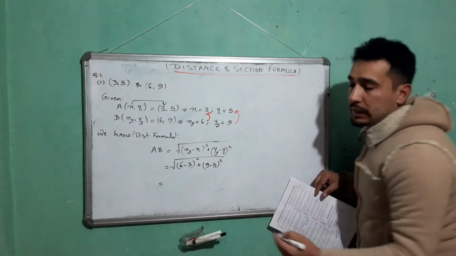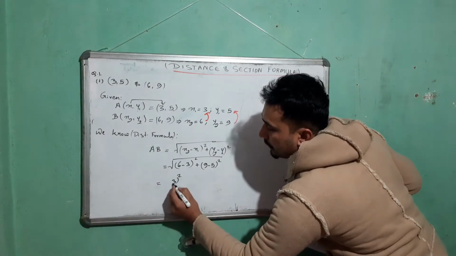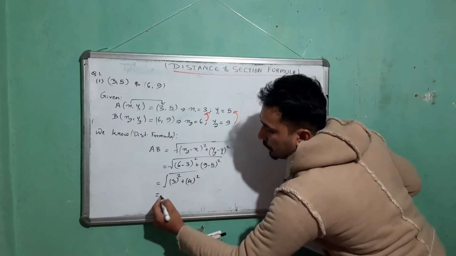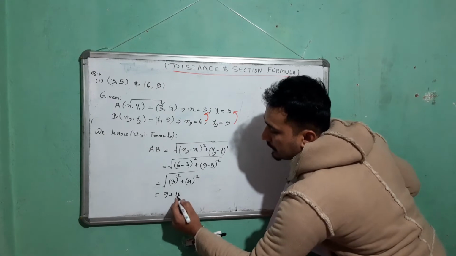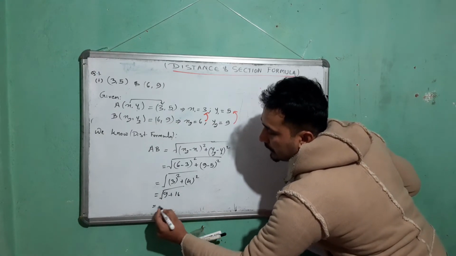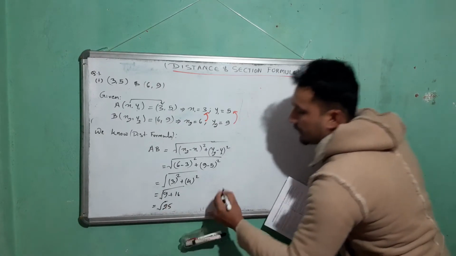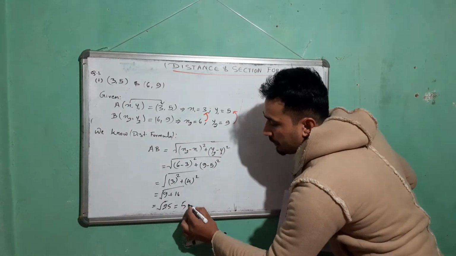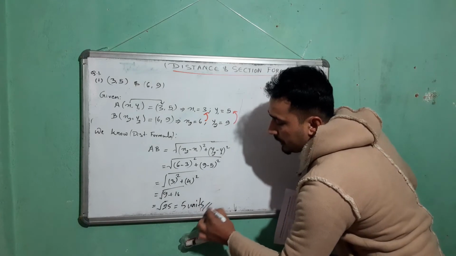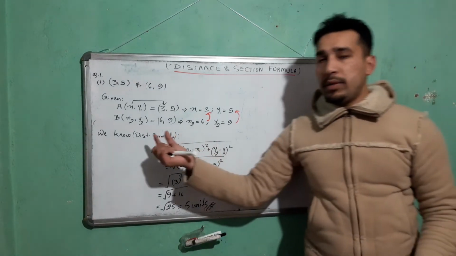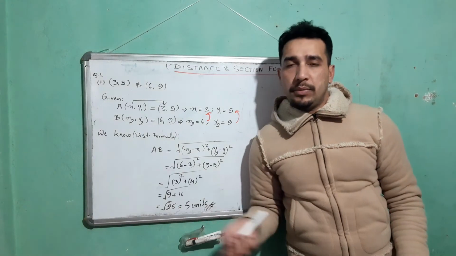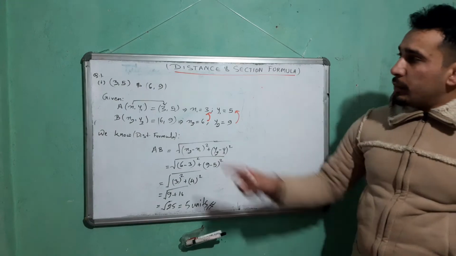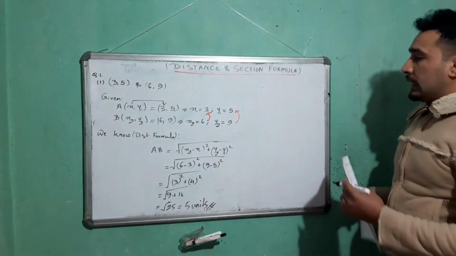So 6 minus 3 is 3 square, plus 9 minus 5 is 4 square. 3 square is 9 and 4 square is 16. 9 plus 16 is 25, within the root 25. So root under 25 means 5 into 5, so 5 units. Units means distance, it might be meter, kilometer, or centimeter, anything, so just write units. 5 units is the distance between these 2 points.